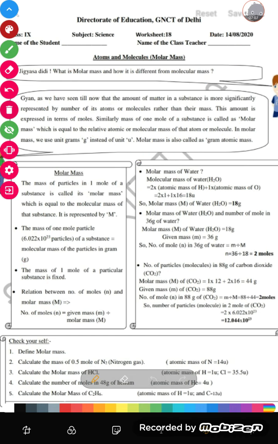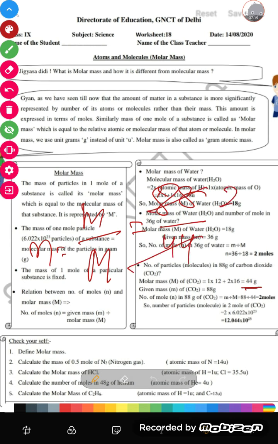The value of n equals m upon M. m we are given with 88, and we have just found the value of molar mass. It is 2. Number of moles is 2.